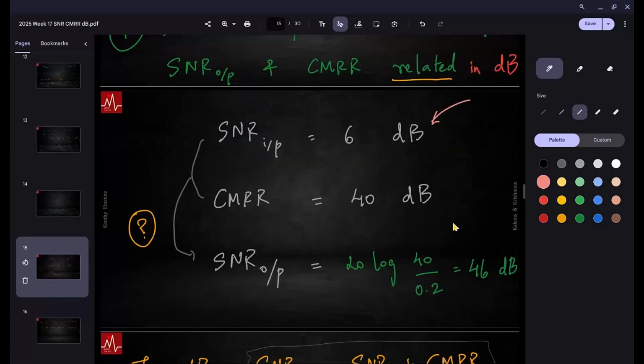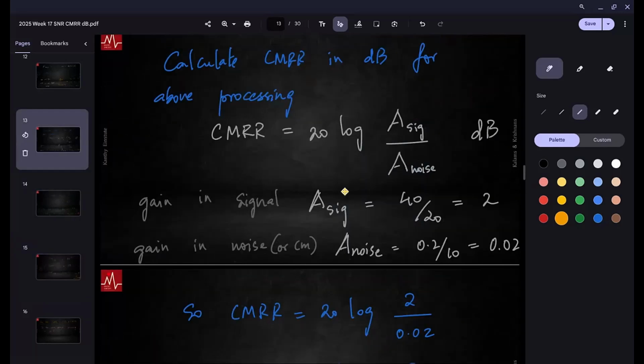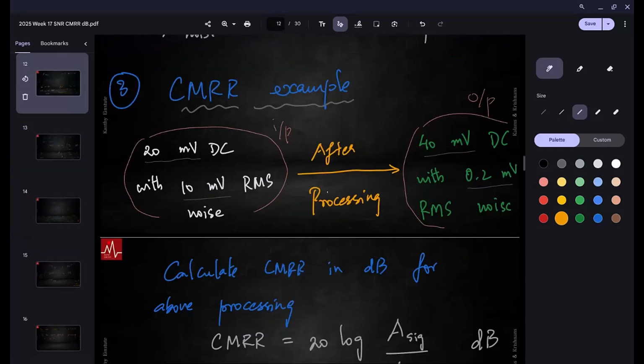There is an improvement. We could also just look at the signal and noise, say that 20 became 40, signal becomes stronger, noise became weaker. But it's better quantified this way. Okay, now this also all of you got.